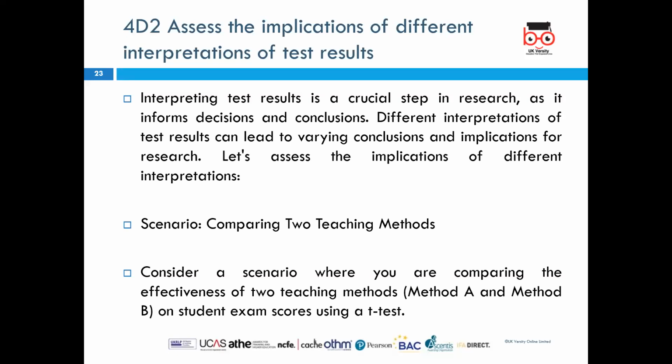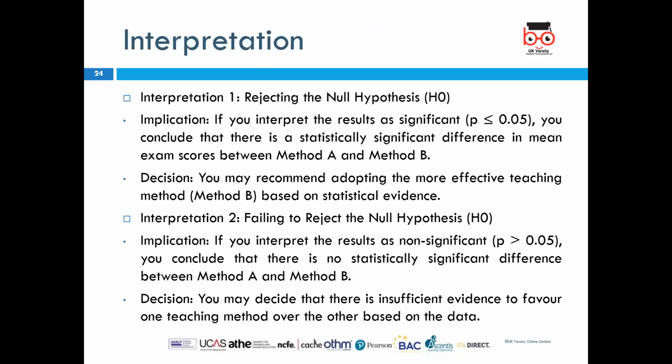So the first scenario could be comparing 2 teaching methods. Here you consider a scenario where you are comparing the effectiveness of 2 teaching methods, method A and method B, on student exam scores using a t-test. So the interpretation is about the null hypothesis. Interpretation 1 is you reject the null hypothesis.